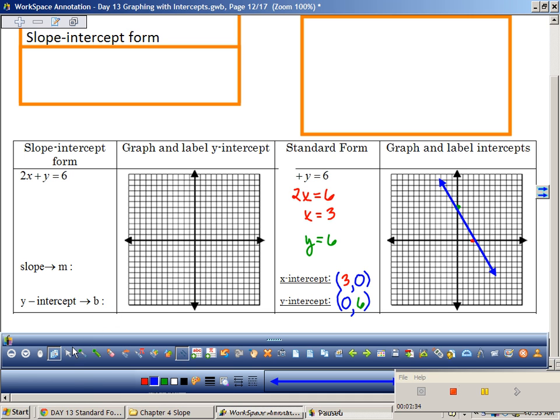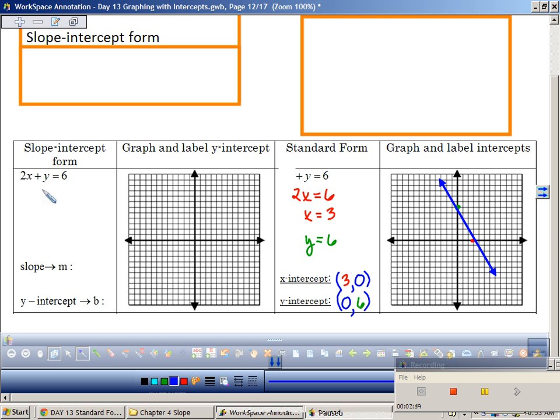All right, let's try using the other method. How would I put this in slope-intercept form? Frankie? Slope-intercept form? We solve for y.